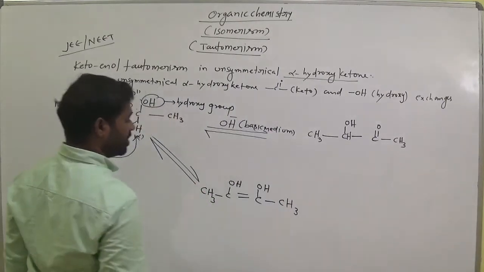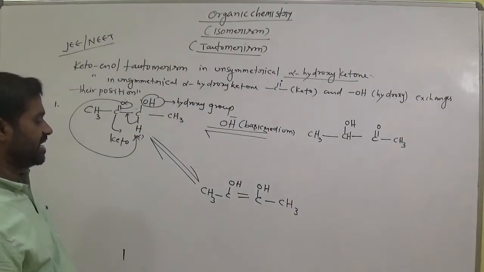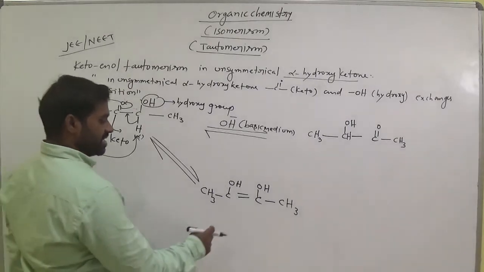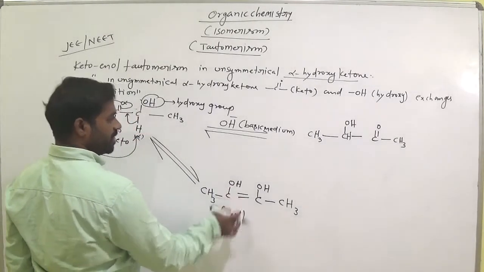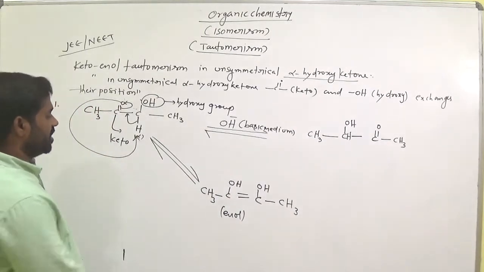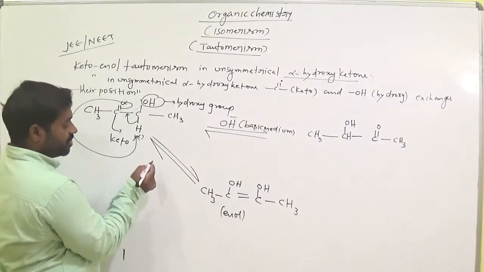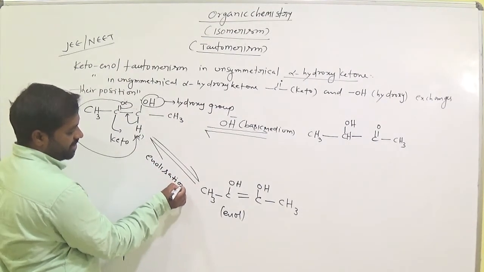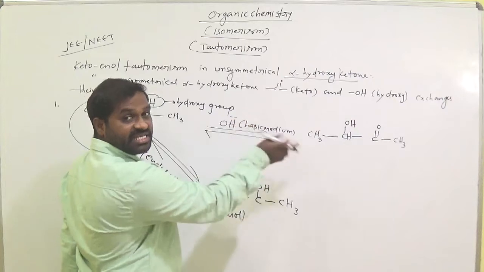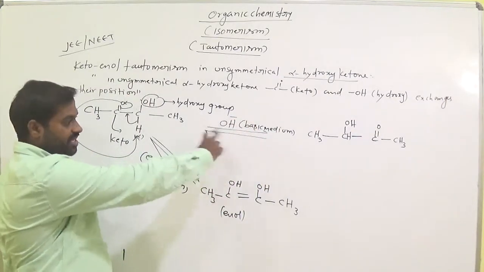Is it clear to all of you? So this is enol. En means double bond, ol means OH: enol. Keto-enol tautomerism takes place. Enolization. Here the C double bond O and OH groups are exchanged in this reaction.